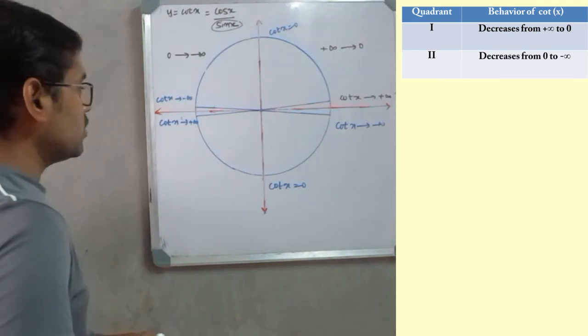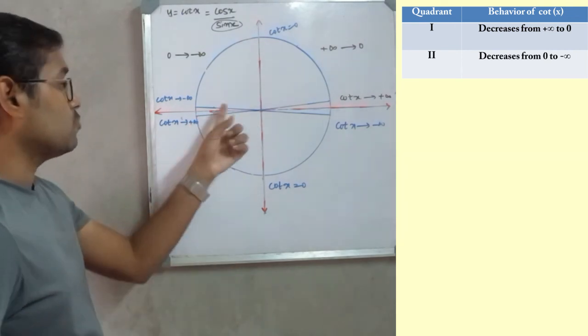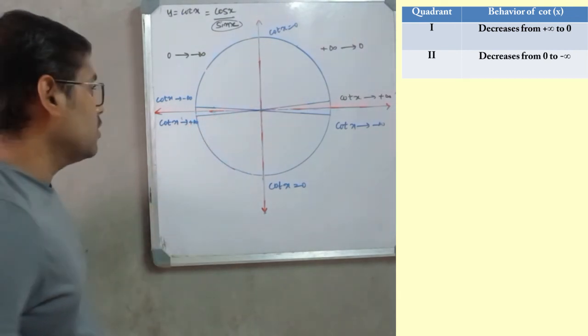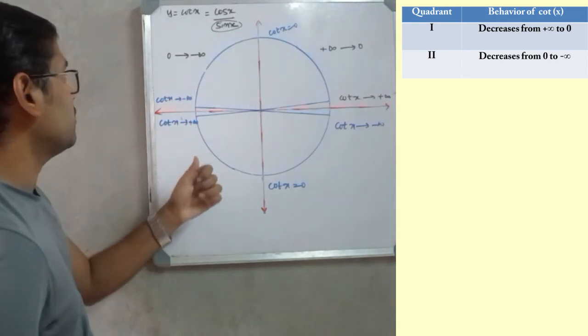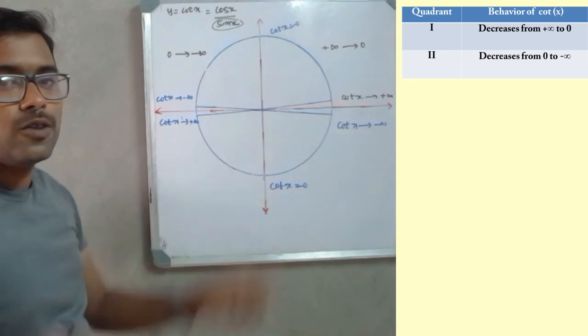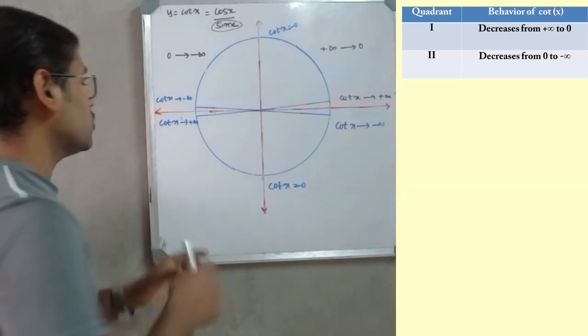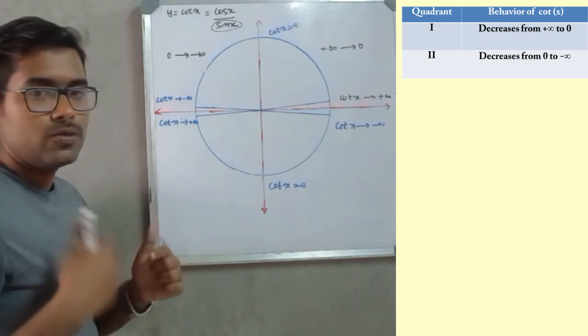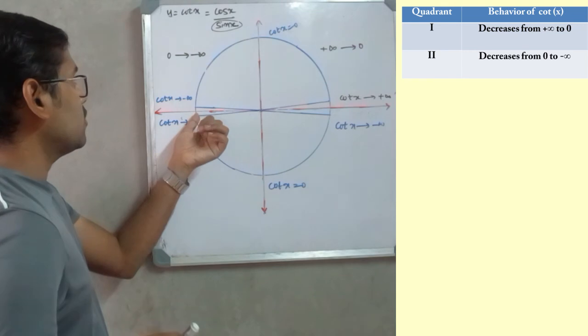And in the third quadrant, if you see here near this region where the value of x is very closer to pi, here the value of sin x will be a very small negative number again, and the value of cos x will also be a negative number. In the third quadrant both cos and sin are negative, so overall cot x will get the positive sign, and cot x will be a very large positive number here.